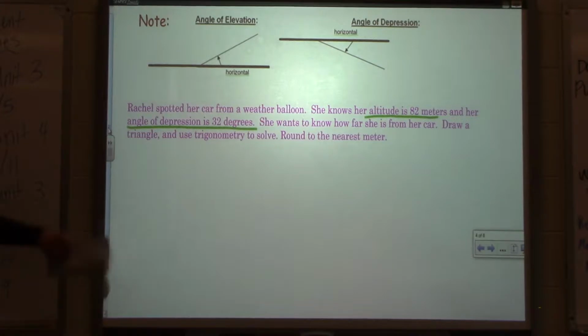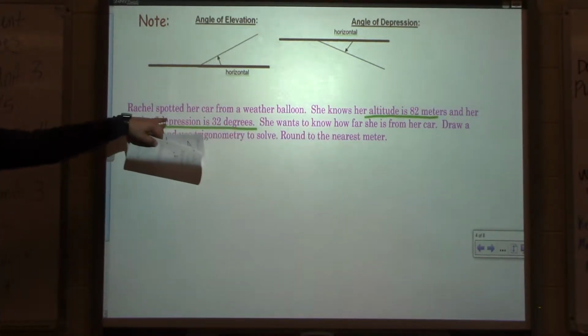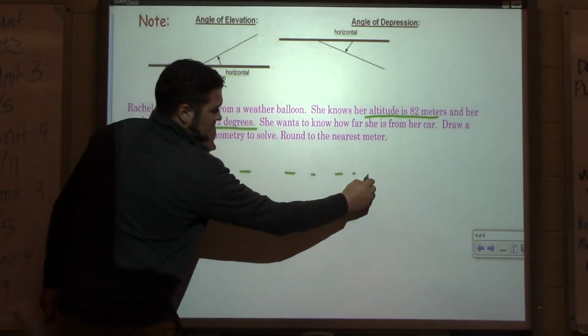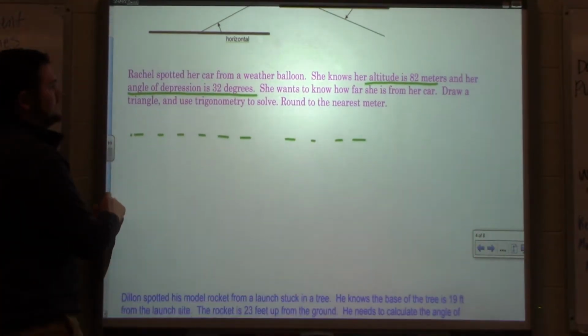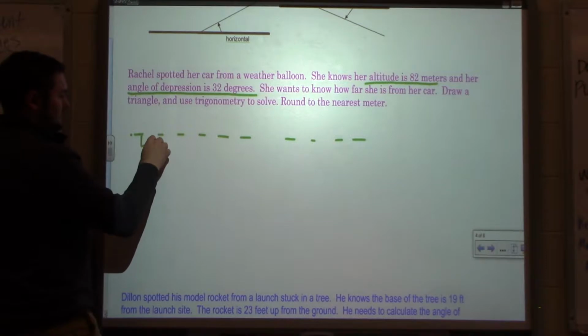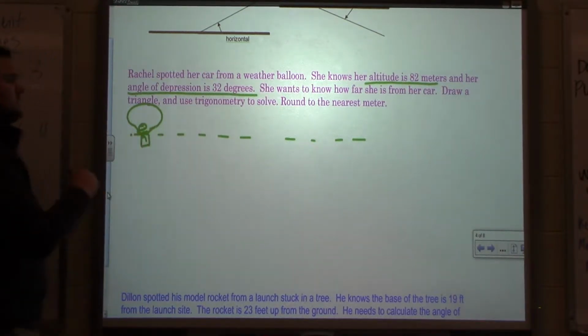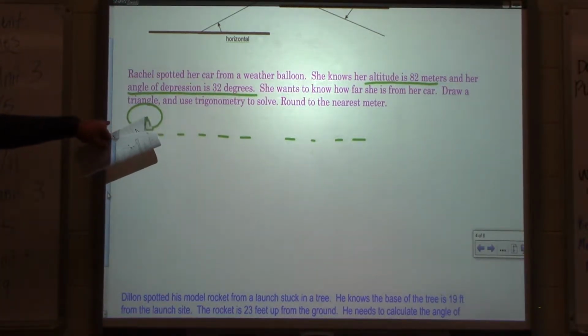Well, first of all, I'm using angle of depression, right? Which means I know I'm going to have a line here. And let's draw her. She is in a weather balloon. I'm a great artist, I know. Well done, mister. Thank you. So that's her in a weather balloon, right?